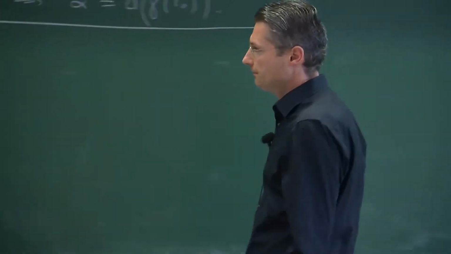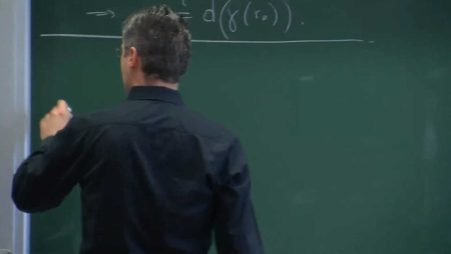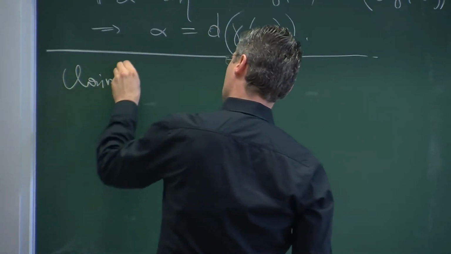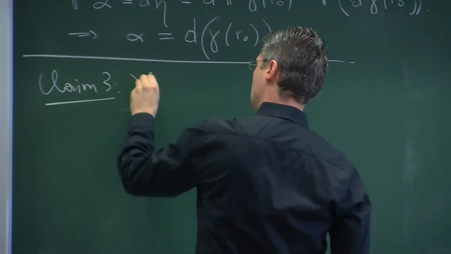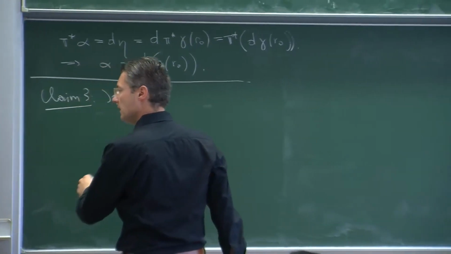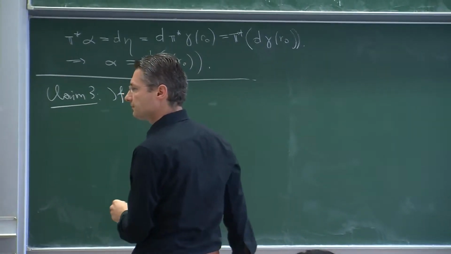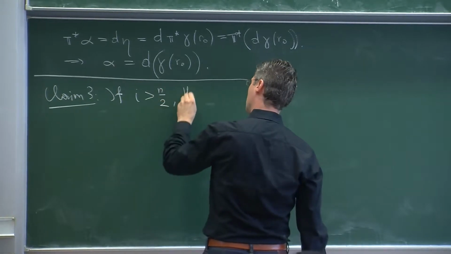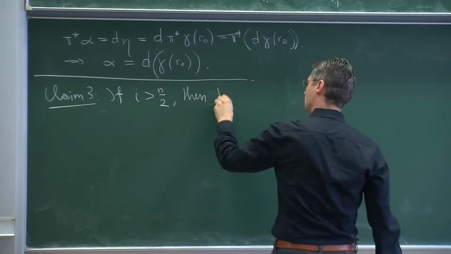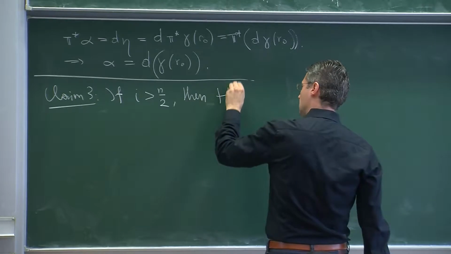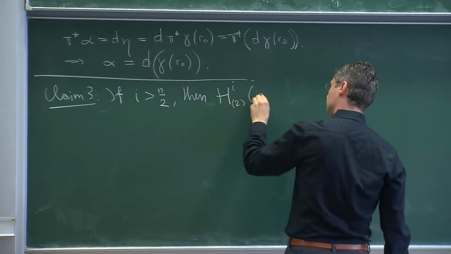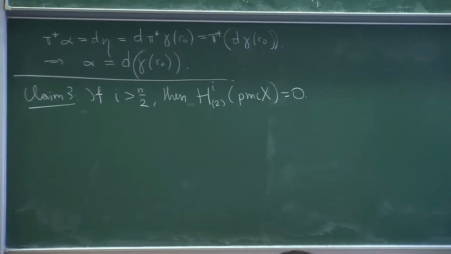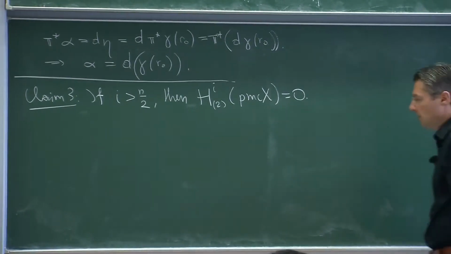So let me say a few words about now a third claim, namely that in the other degrees, if i is greater than n over 2, these groups vanish in that degree.